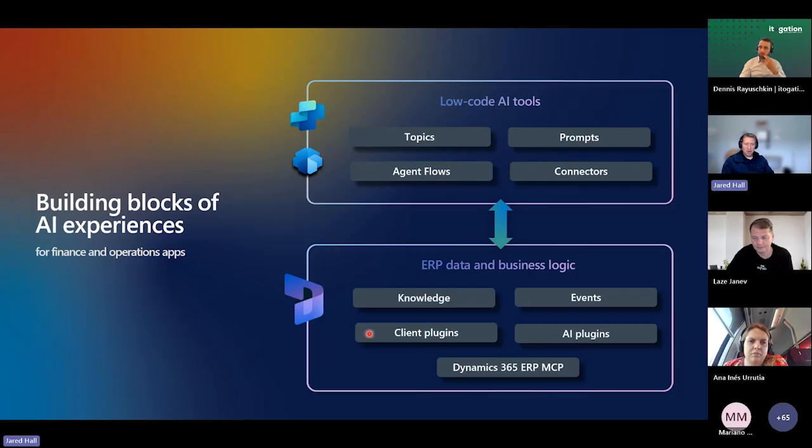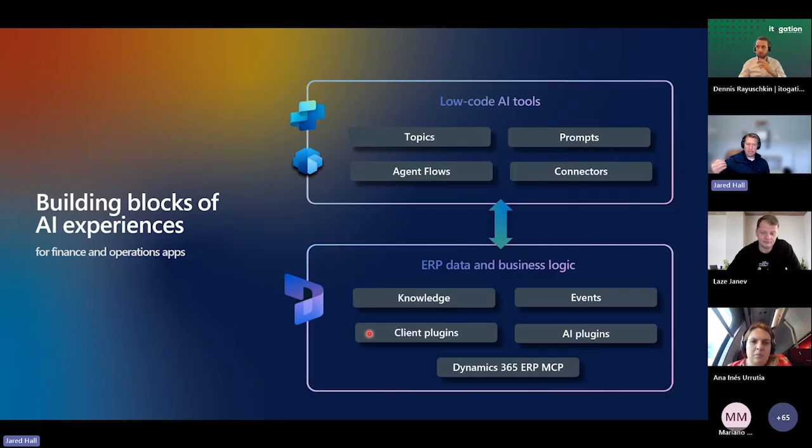Client plugins are another tool that we can use to connect to the business logic of our application, where we are connecting directly to a class in F&O and executing our X++, executing business logic directly within the application.